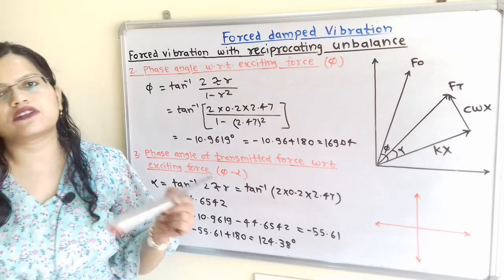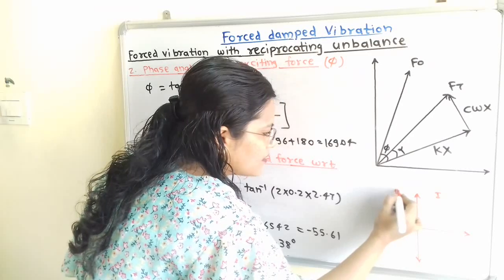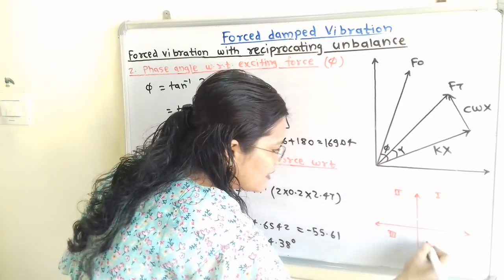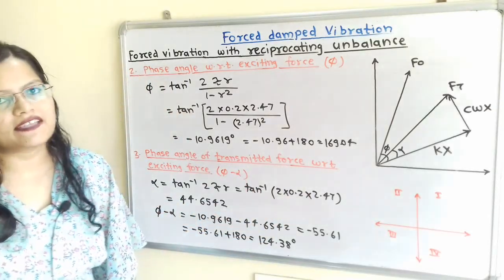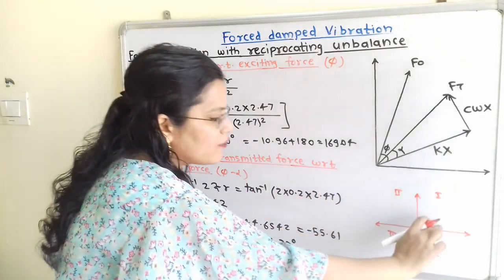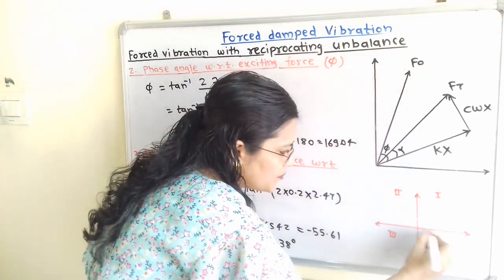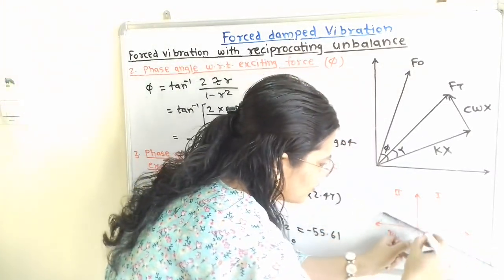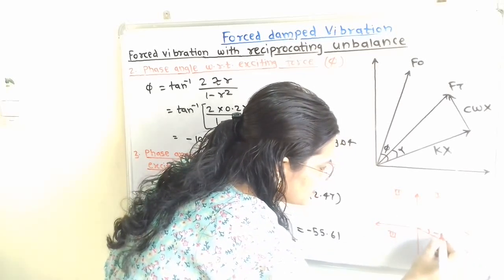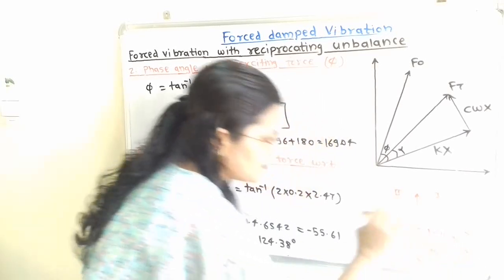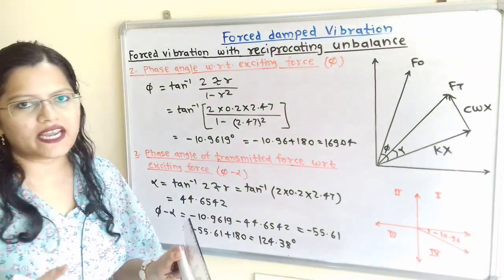So how to draw this angle? Here this is the first quadrant, second quadrant, third quadrant, and this is the fourth quadrant. Now minus 10.96 degree means we have to take this angle in the clockwise direction from the positive x-axis. If I draw here, this is the angle minus 10.96, but because of the minus sign we have to add 180 degree.